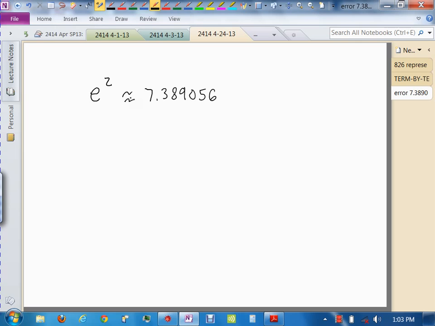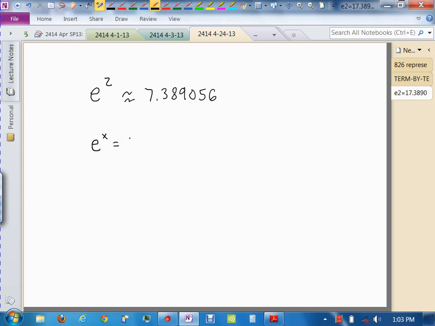Well, it turns out, and this is where we're headed in this class, that e to the x can be represented as a power series.